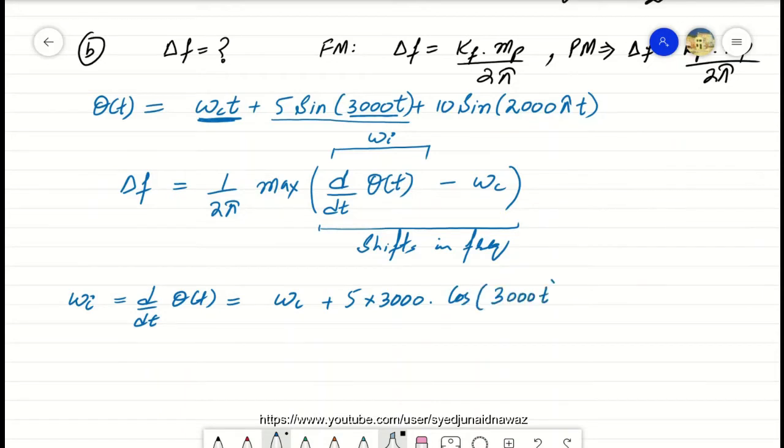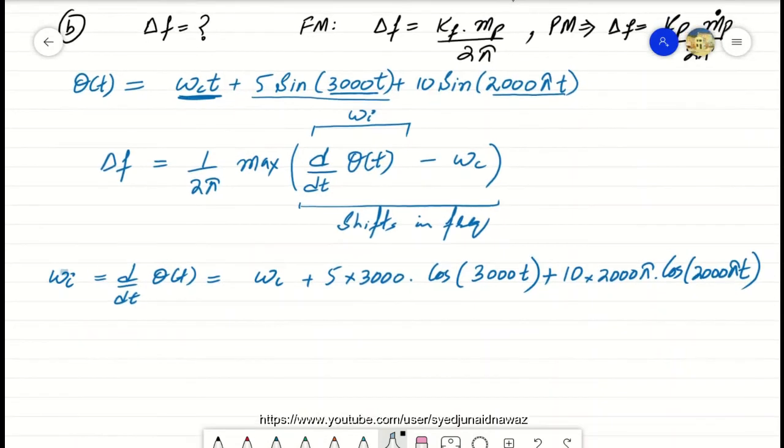Similarly, we have another sine wave here where 10 is its peak amplitude, which is a constant number, it will remain as it is, while the derivative of sine of theta is equal to cos of theta into the derivative of theta. So from the derivative of this angle 2000 pi t, we will get 2000 pi into cos of 2000 pi t.